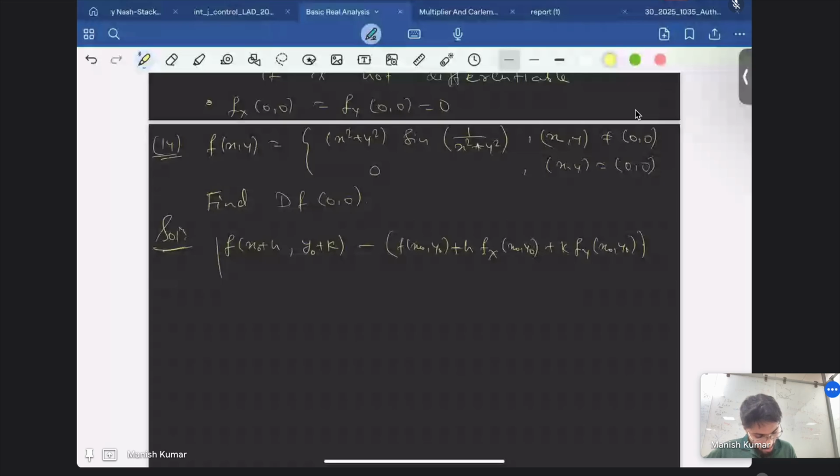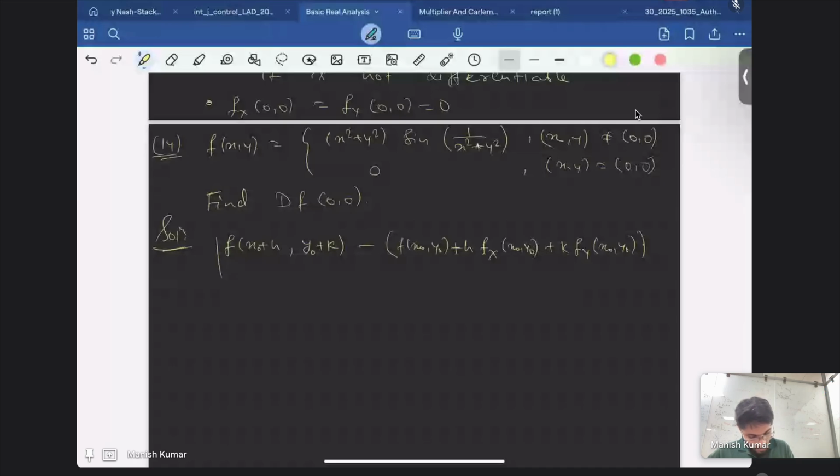If I just differentiate till the first derivative, this is how I get it. Similarly here I'll get this, and then I'll have to divide it by the norm, root of h square plus k square, and here I'll have to show that this term goes to 0. So the goal is to show that this goes to 0.